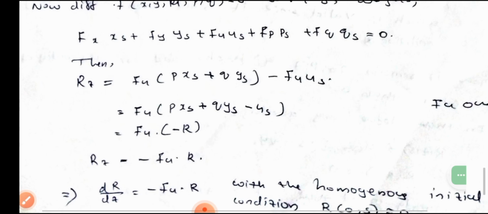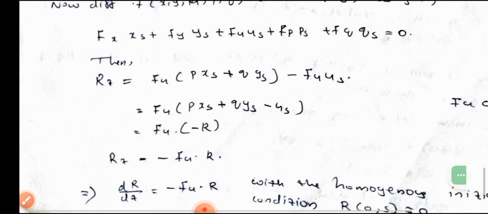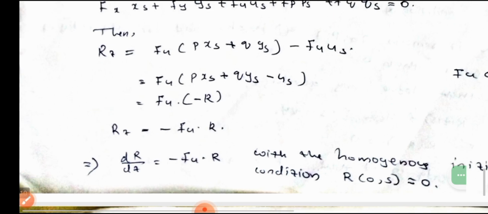Then our r_t is f_u (p x_s plus q y_s) minus f_u u_s. Taking f_u outside, f_u into (p x_s plus q y_s minus u_s), which is equal to f_u into minus r. So r_t is equal to minus f_u r.